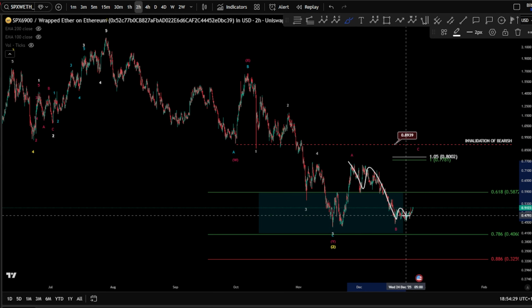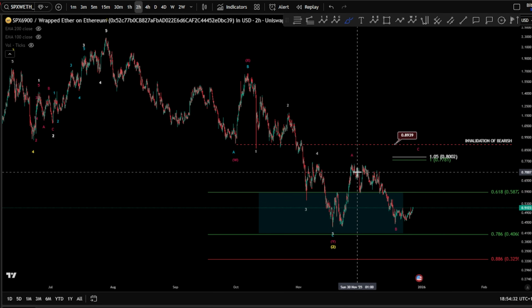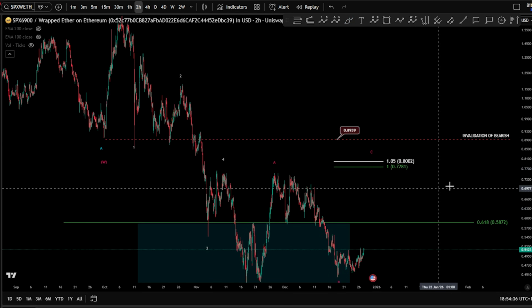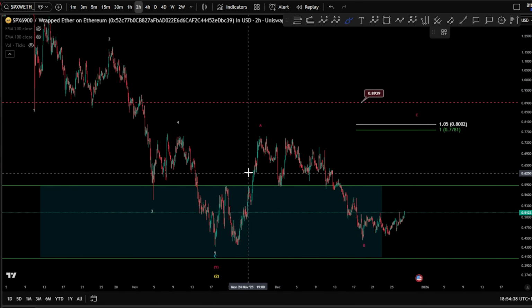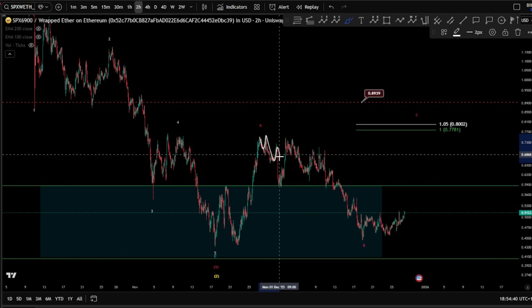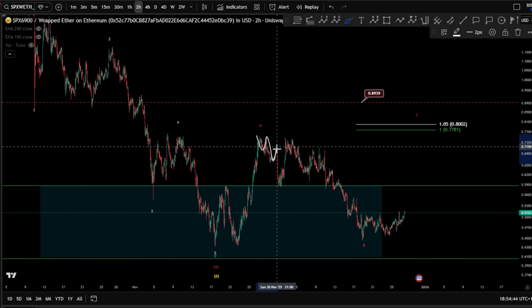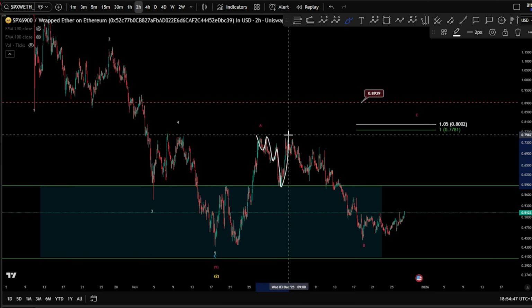Can this be an impulse? Yes, it can be, but normally it cannot really be considered a wave 1, especially since you have here a 1, 2, 3, 4, and a 5 interfering with zone 1. It can only play as an expanding diagonal there as a wave 1.